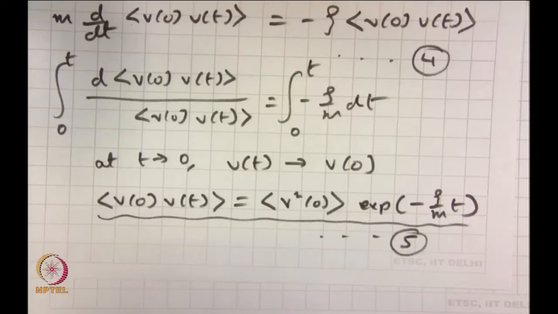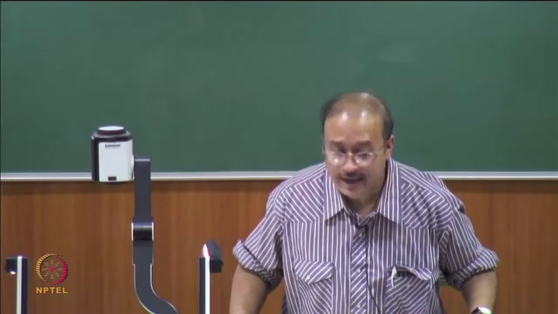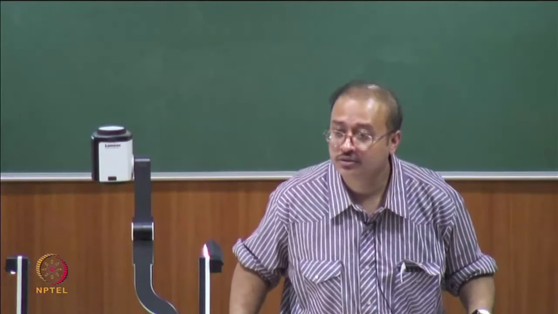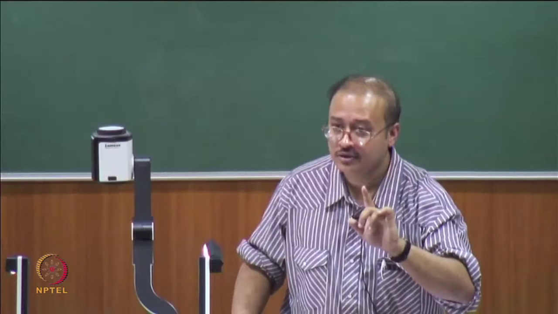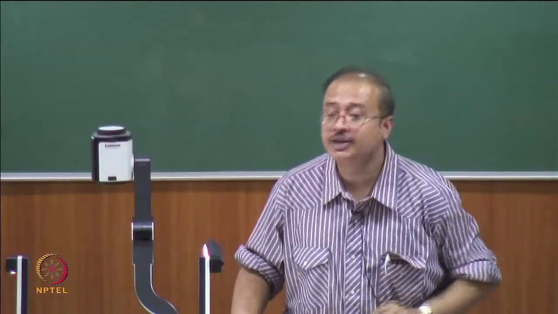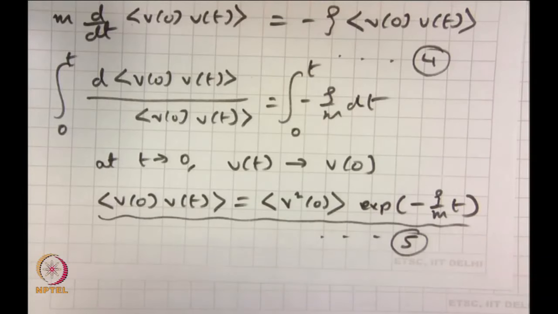What you see is that your velocity correlation function has an exponential dependence on what? t, based on a certain constant which is xi by m. What is xi? Friction coefficient. What is m? Mass of the particle, right.